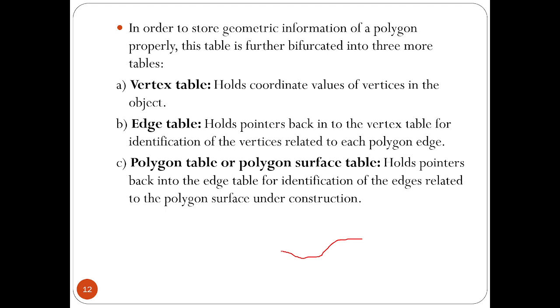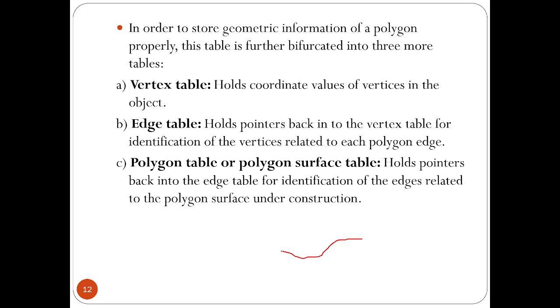First one, vertex table, edge table, polygon table or polygon surface tables. Vertex table holds coordinate values of vertices in the object. Edge table holds pointers back into the vertex table for identification of the vertices related to each polygon edge.